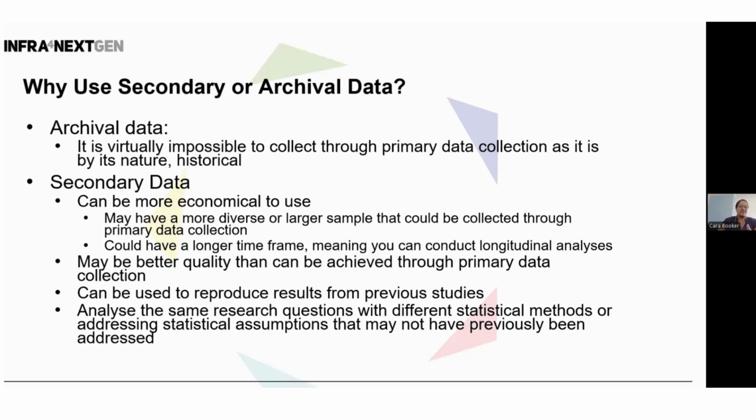So some studies will use the same data set and you can go back and reproduce it. Or you can use a secondary data set to reproduce findings from a study that used a different data set or something that you've already collected yourself through primary data. And that can also reconfirm what your findings are. If you find differences, you can start to explore why that might be.